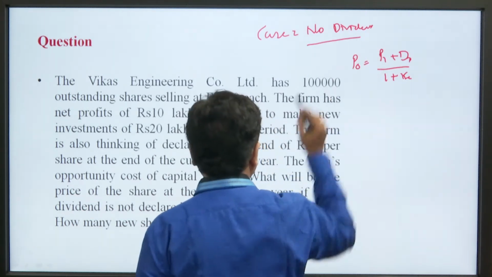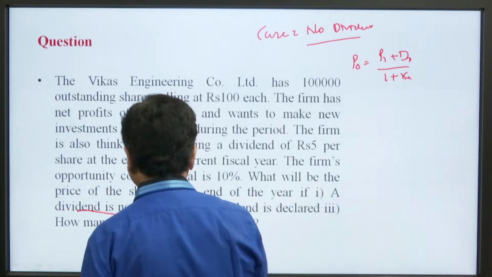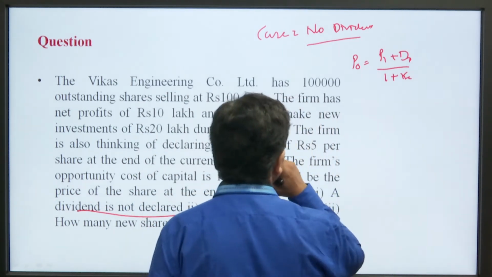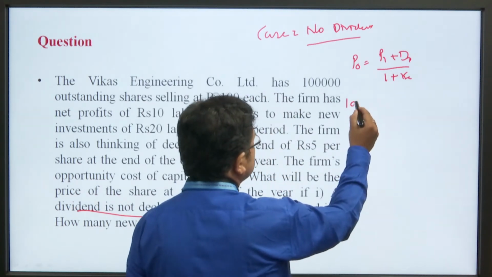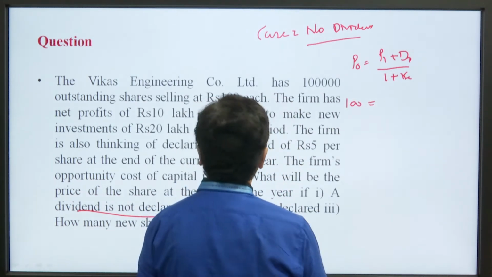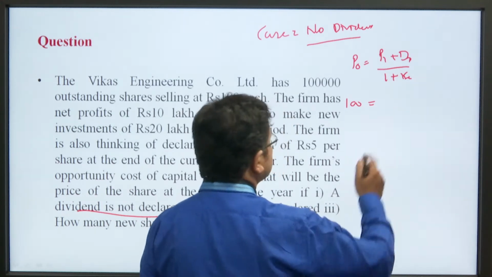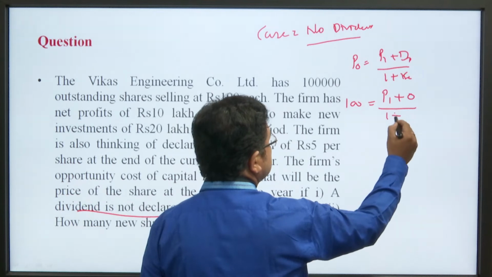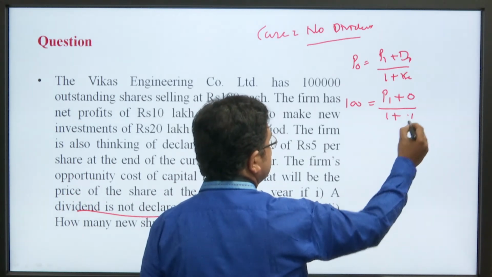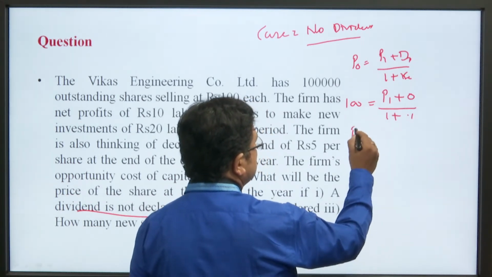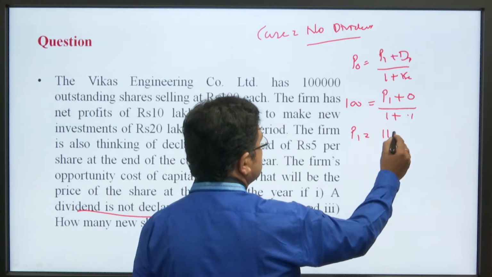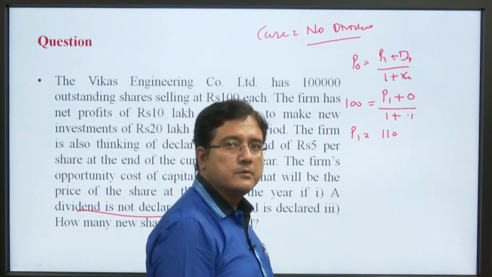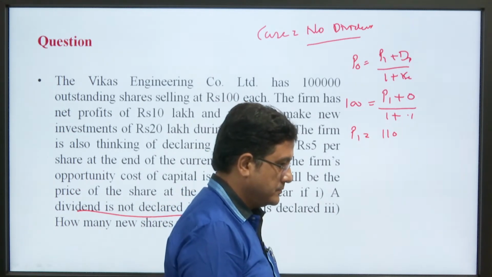First, we take no dividend. So, our previous price of the share is 100 rupees. P1 same, D1 is 0, 1 plus KE is 10%, 0.1. Therefore, P1 is 110.